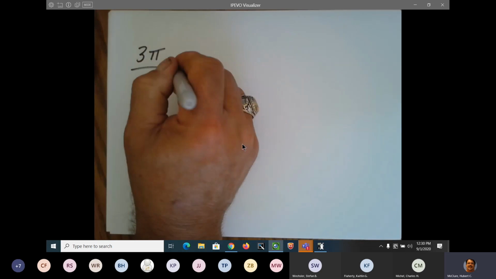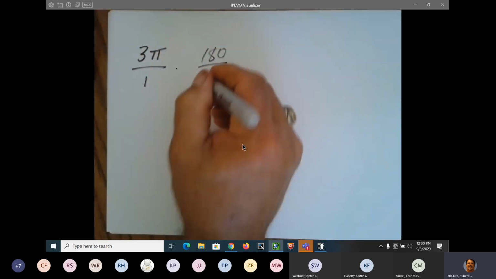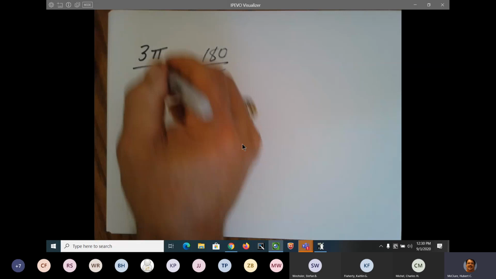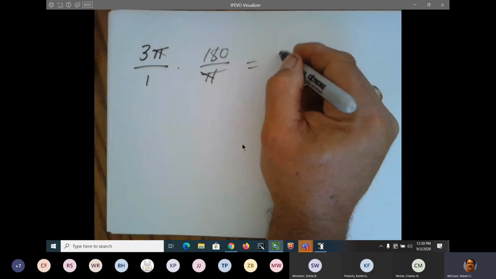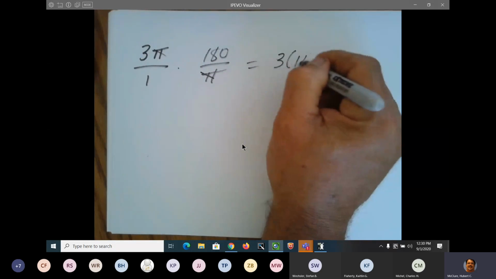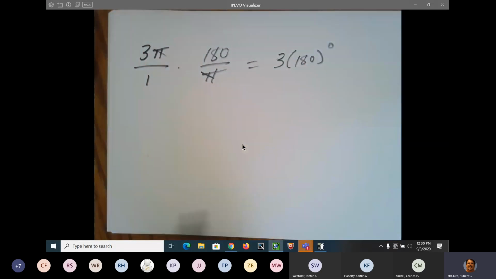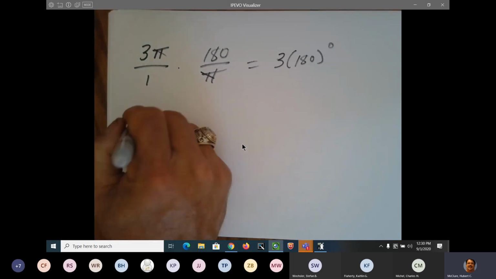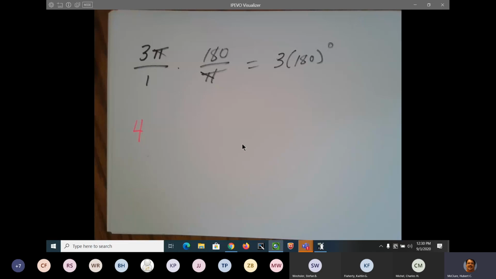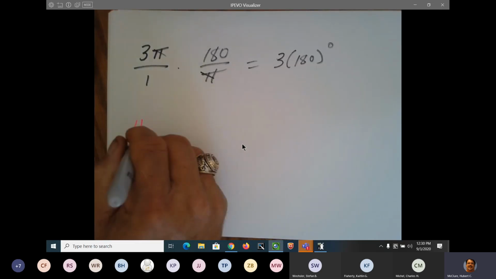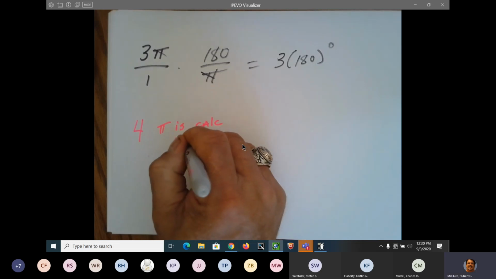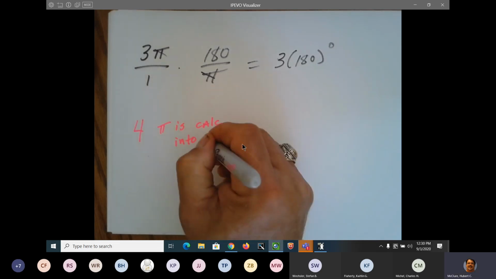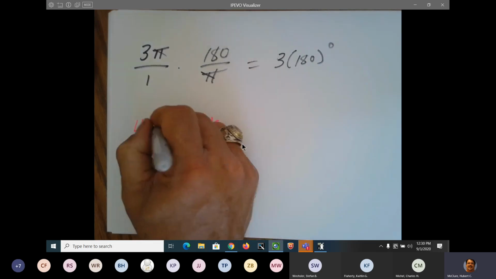You put a 1 there and you put 180 over pi, and you cancel the pi's and you get 3 times 180, which is 540. And that's degrees. But the problem is when they give you one like this and it doesn't have a pi there, this means that pi is calculated into the 4. Okay, that's what that means.